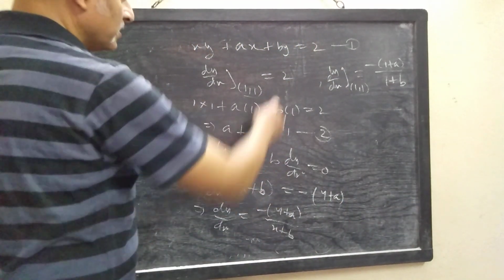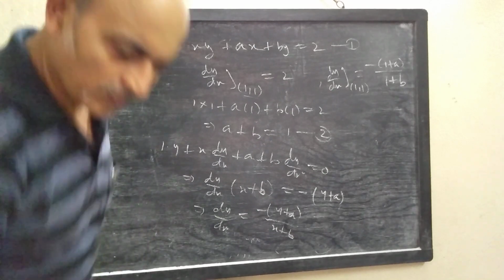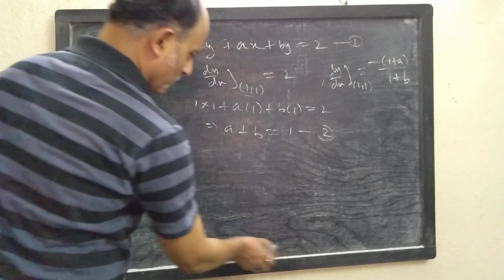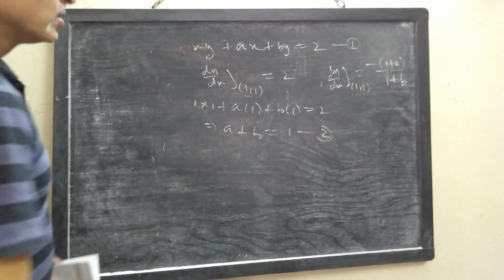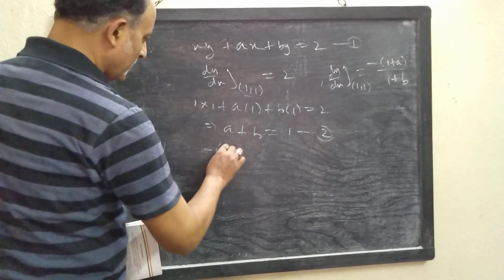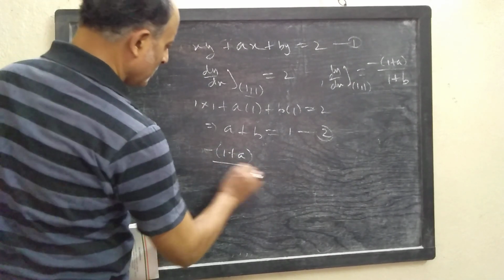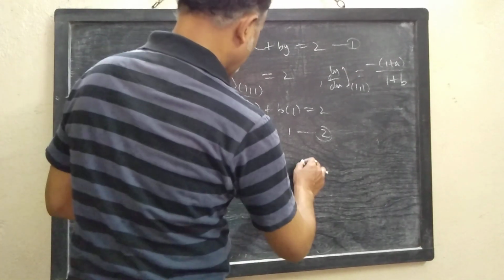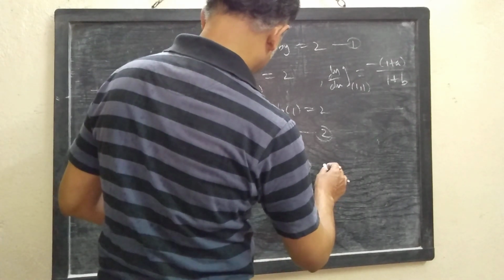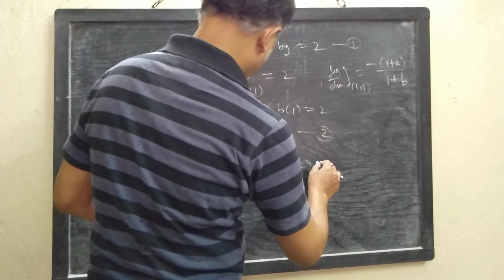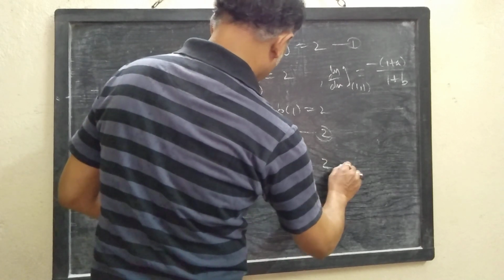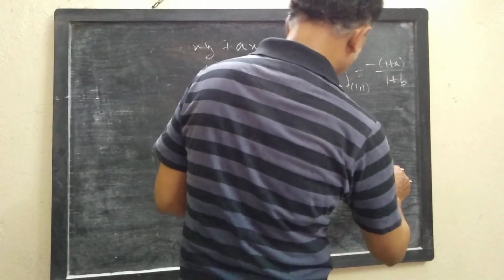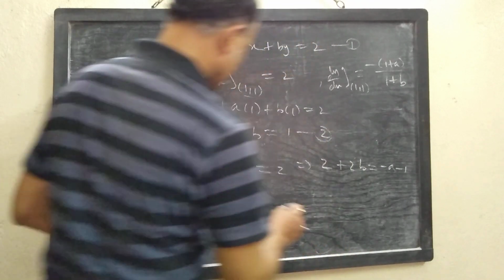And this is given as 2. So you get minus 1 plus a over 1 plus b equals 2. That implies 2 plus 2b is equal to minus a minus 1.